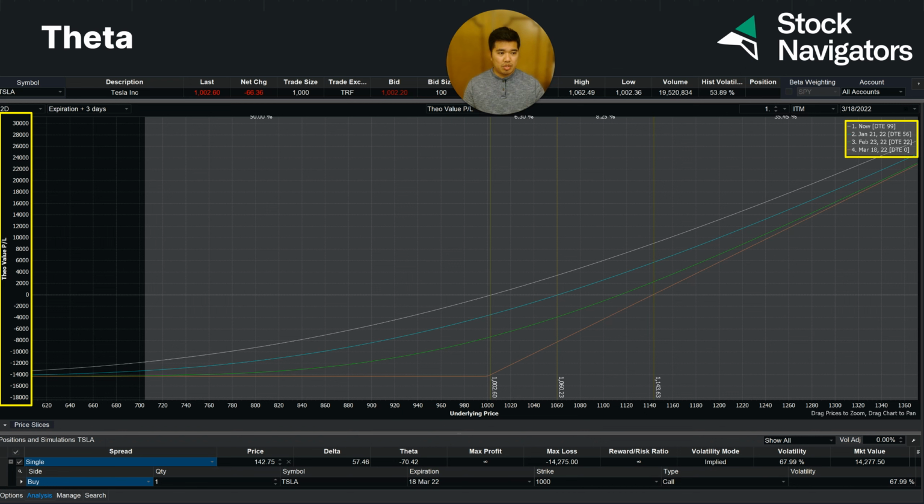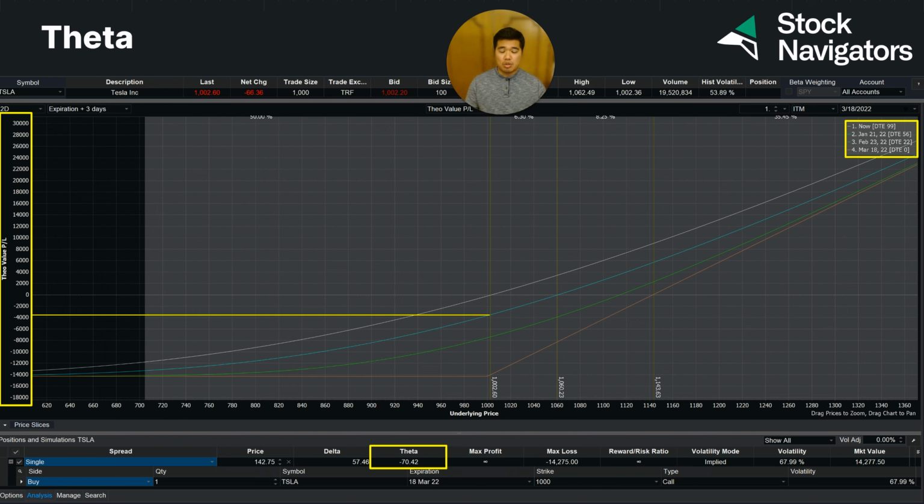The green curve represents the value of this option by February 23rd next year, and finally the red curve represents the value of this option by expiration date, March 18, 2022. Again, the theta as of right now is showing over here as $70 per day on average. You're losing this amount every day.